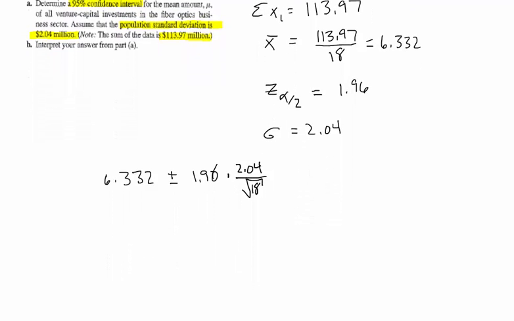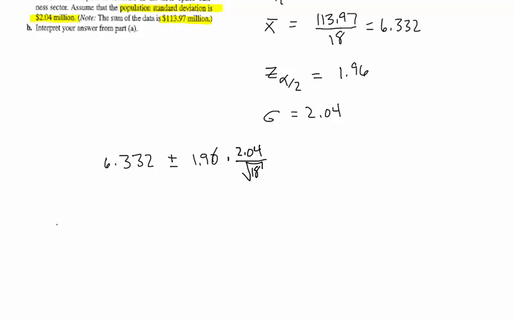And when we calculate this, we get 6.332 plus or minus 0.9424. And generally we go one digit past our original data. So if I use 3 decimal places on my x bar, then I'm going to use 4 decimal places on my margin of error, which is what the right side of this formula represents.